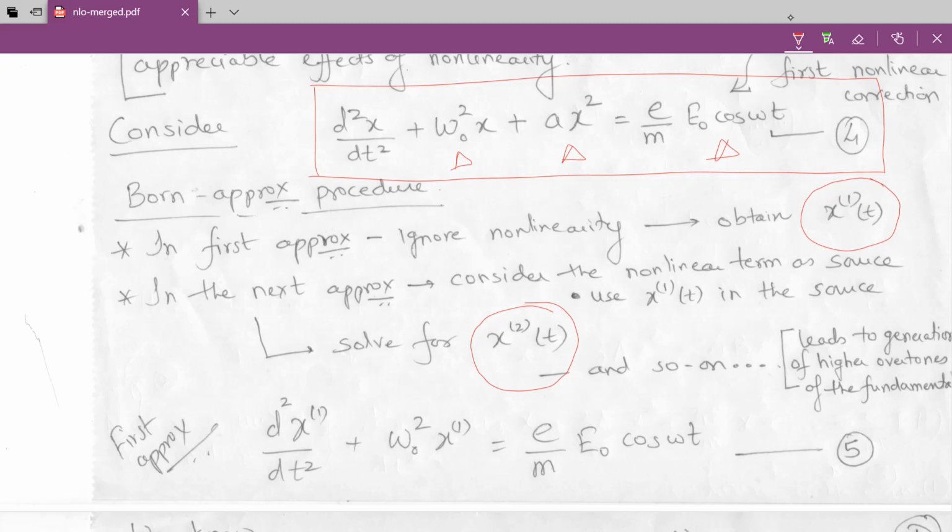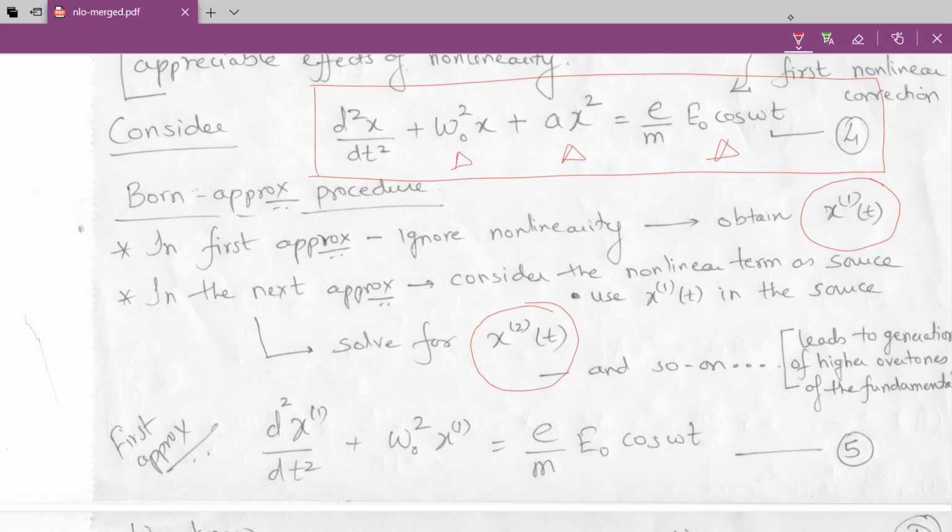And by the way, as you keep doing it, you will see clearly, as I will show you now, that one will start generating multiple higher order overtones of the fundamental frequency omega, where omega is the drive.